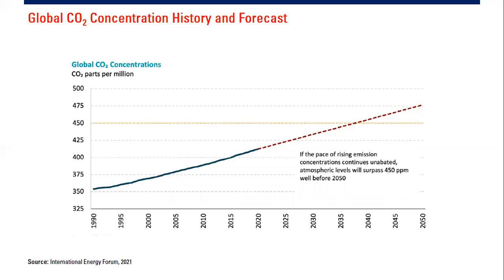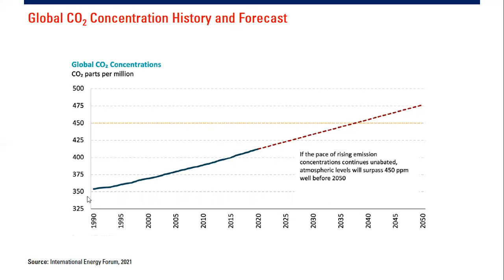If we create a straight line, or linear forecast, like the one made by the International Energy Forum in 2021, we can see that around 2040 we will reach 450 CO2 parts per million in the atmosphere. If the pace of rising emission concentration continues unabated, atmospheric levels will surpass 450 ppm well before 2050. And that becomes a global problem.